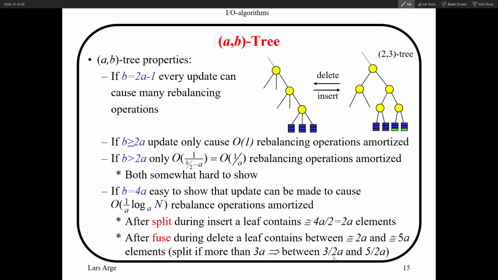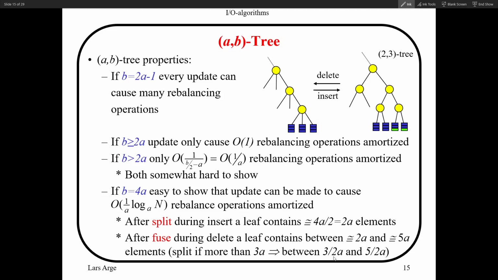So therefore we could allow it a charge of A over 2 insertions or deletions before we have to do something. And that basically ends up being a very easy charging argument. Every time we do a split or fuse, we give the node A over 2 charges, or if you want to do the amortized analysis, money or coins, and every insertion or deletion uses 1 coin.